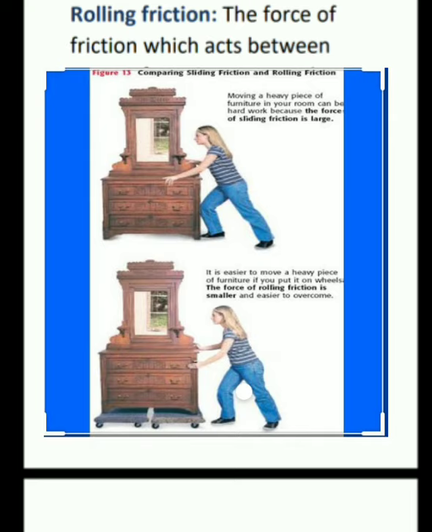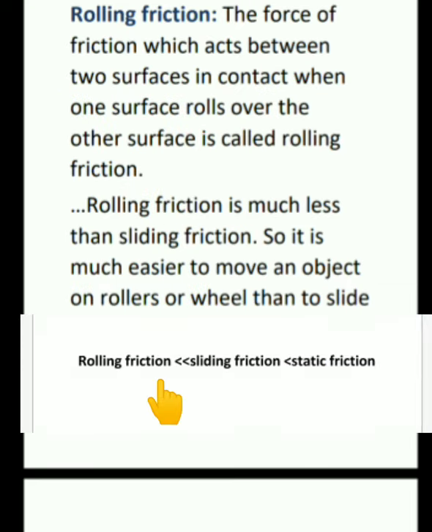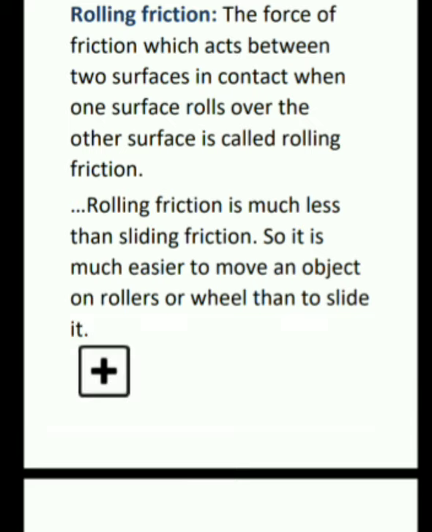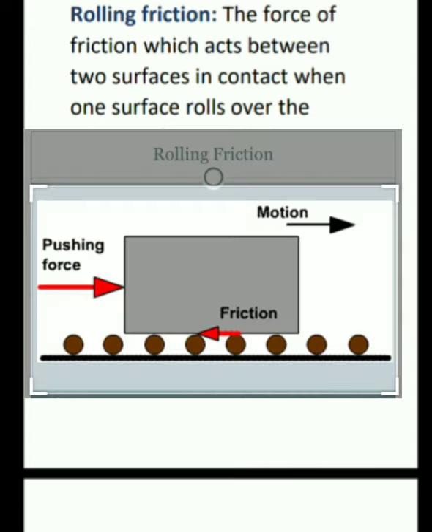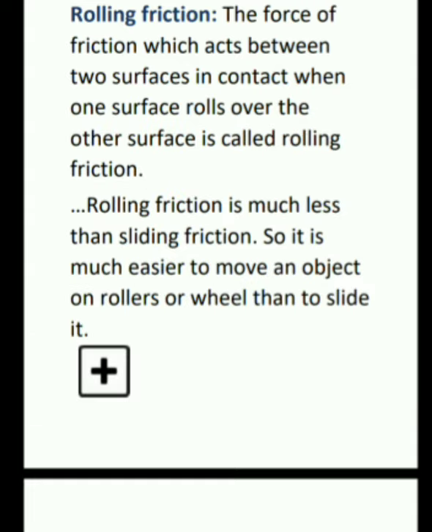Students, rolling friction is much less than the other two types of friction we have studied, static friction and sliding friction. This is why heavy objects, heavy machines, can be easily moved from one place to another by placing round logs or cylindrical logs of wood or cylindrical iron rods under them and pushing with a force.